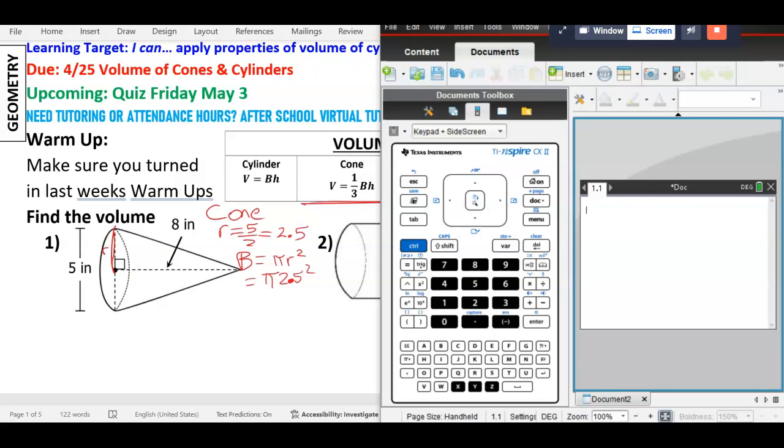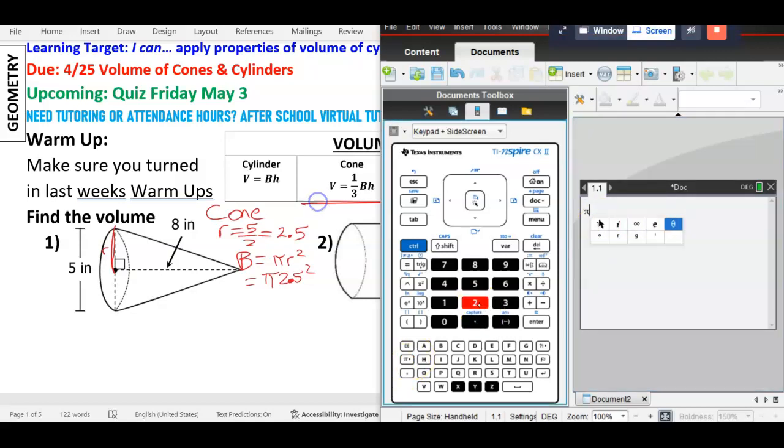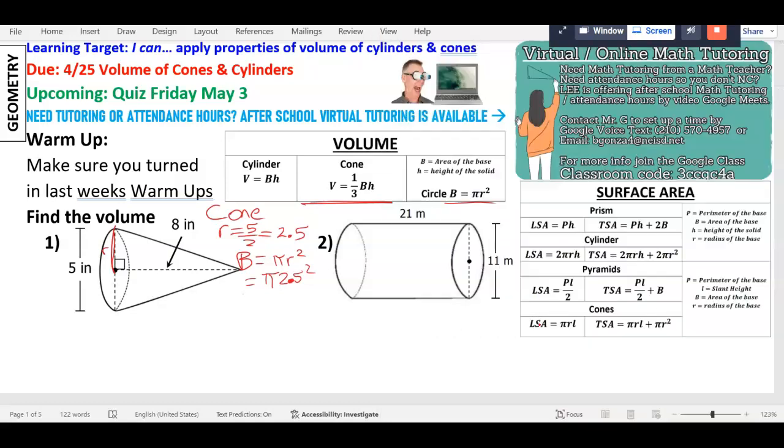All right, so pi 2.5 squared gives me 19.635, which rounds to 19.64. And like we said earlier, the height is from the base to the vertex. The height is 8, right?